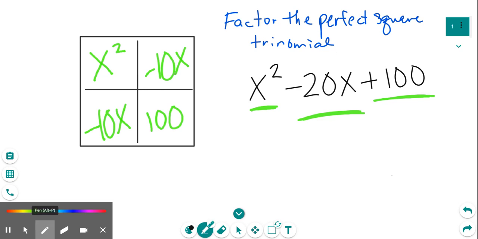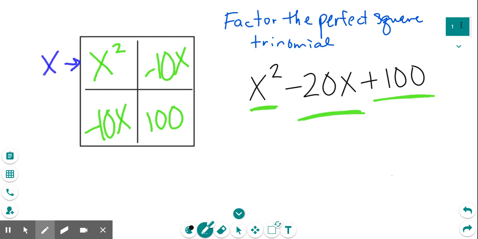Okay. All right. So over here, greatest common factor for x squared and negative 10x is x. And greatest common factor this way, it's the same thing. So that's x. Greatest common factor over here. Now, because you have a minus right there, it's going to be negative. And then what's the greatest common factor of 10 and 100?